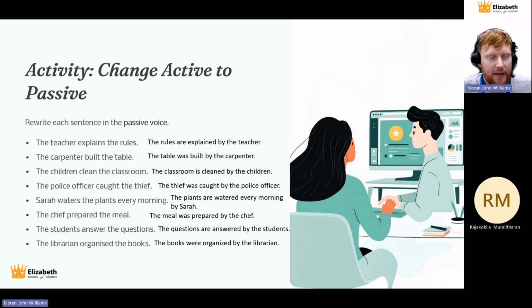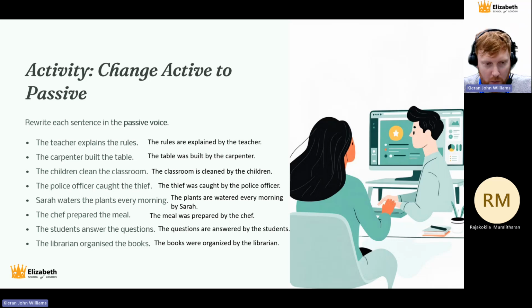Good. And the last one: the librarian organized the books. The books are organized by the librarian. Did you say are? Yes. The books were organized by the librarian because it's past. Exactly. Very good.